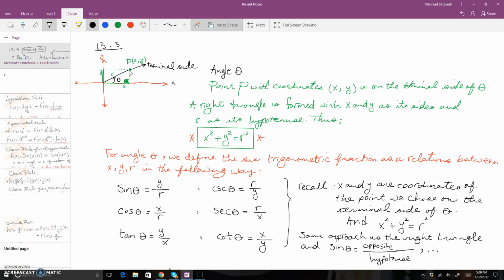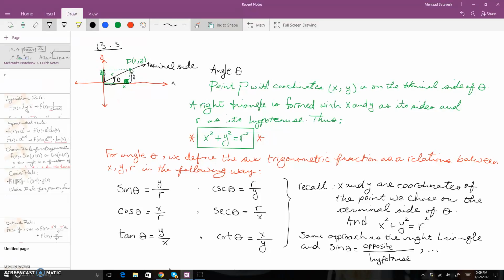How do we find them? If you come from this point P down perpendicular to the x-axis, the length that we see here is the x coordinate, and if you go perpendicular to the y-axis, the length that we see here is the y coordinate, which is equal to this one. So this is also the y coordinate.